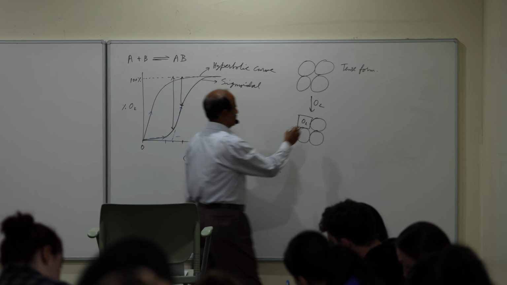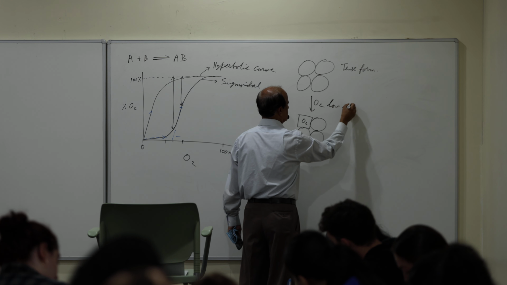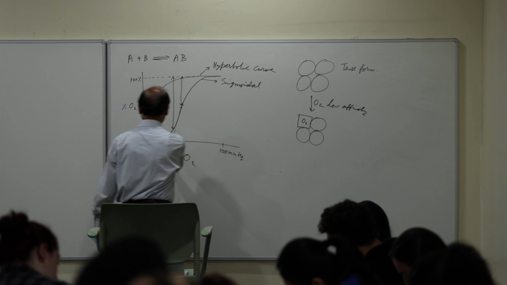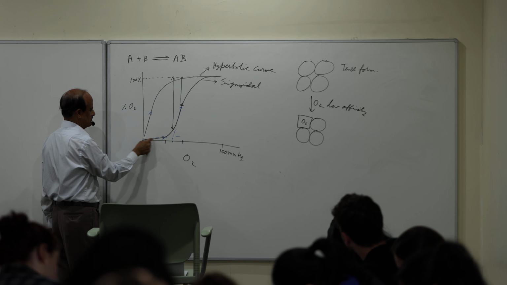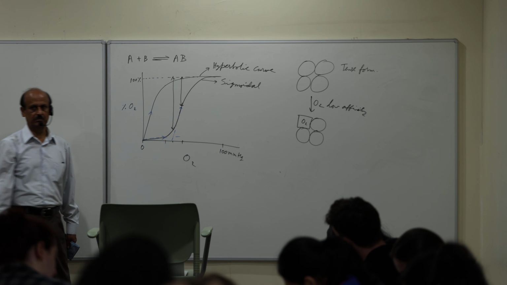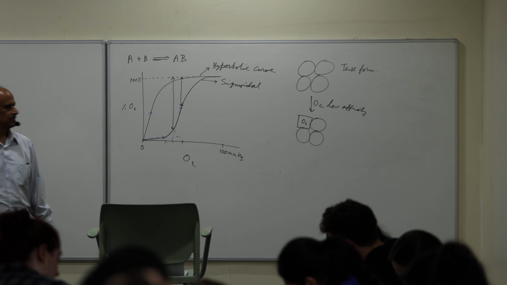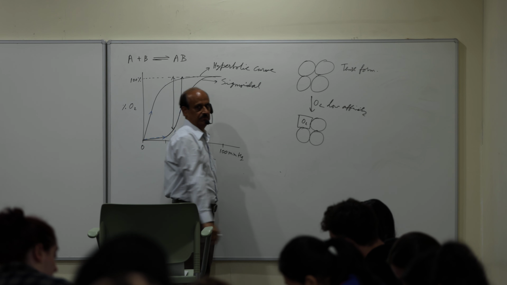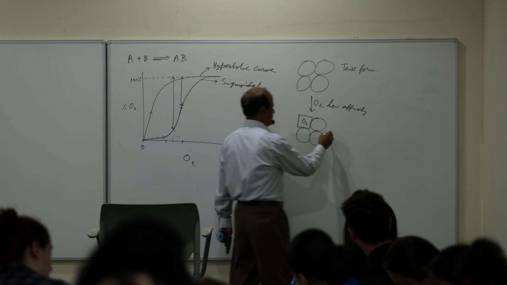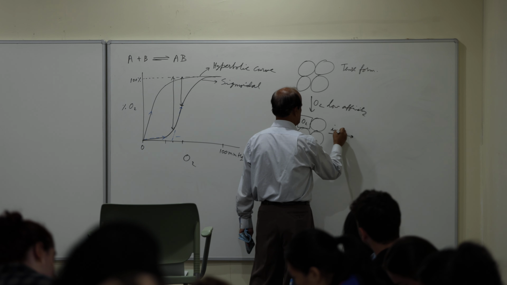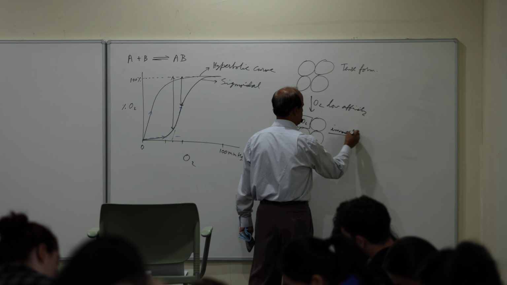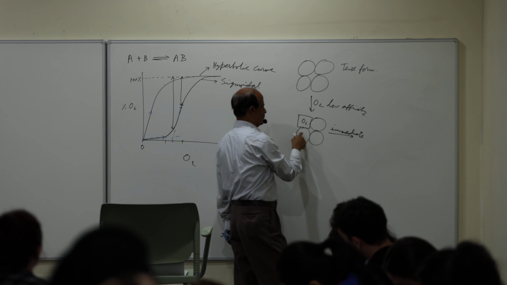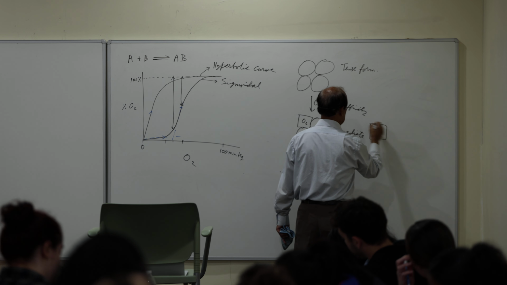So let's write the relaxed form this way. So this is a very low affinity. It needs a lot of oxygen to do that. That means you are in the initial part of the curve. You are increasing the amount of oxygen, but the binding is increasing very slowly or very little. As soon as this is formed, it changes the conformation of the other three. So immediately, this binding changes the other three to go to the last state.